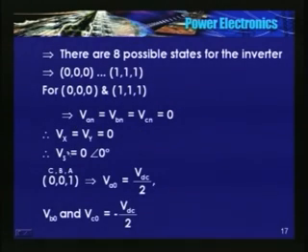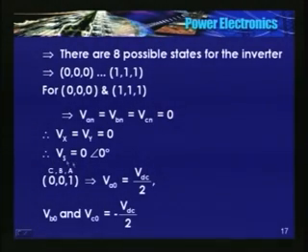Therefore, the x-axis component, or sigma x-axis component of all 3 phases, that is Vx, is also 0. Also the Vy, the sigma y-axis component of these vectors, is also 0. So the space vector magnitude is 0, and the angle, tan inverse of y by x, is also 0.